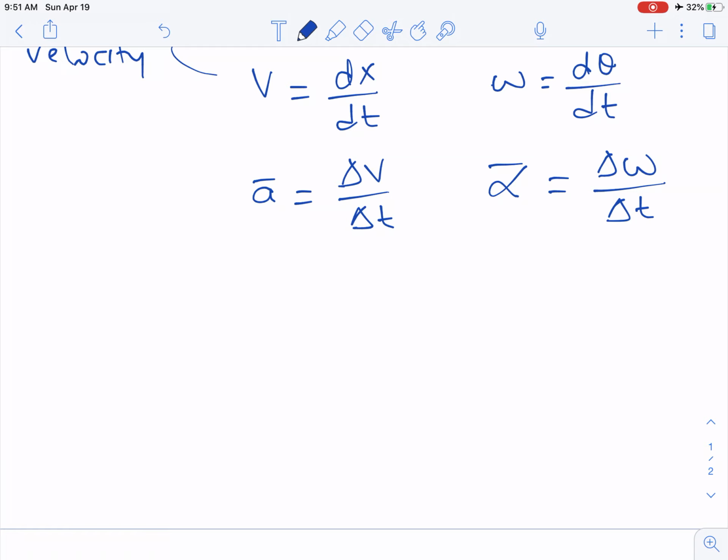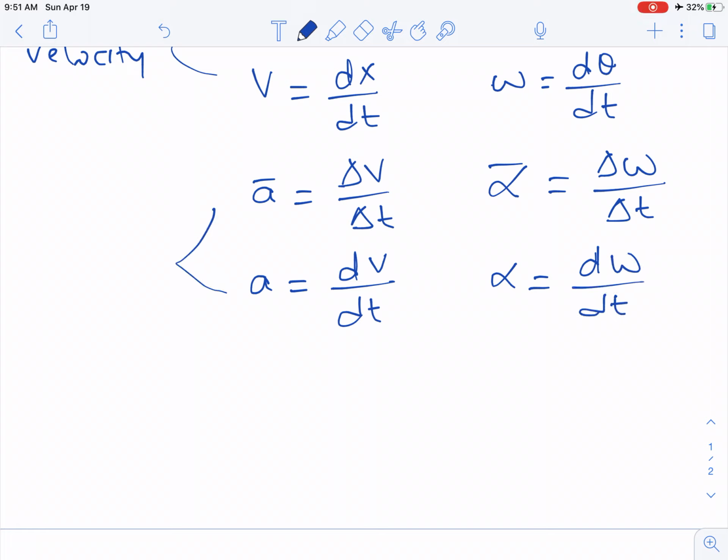You don't need to memorize it. The equations are given in the equation sheet, but I think it's very straightforward once you see the relation. Now the instantaneous one is again the derivative of v with respect to t, and same thing for alpha. It is d omega over dt. Again, these are the acceleration, average and instantaneous. So these are what we've seen so far.